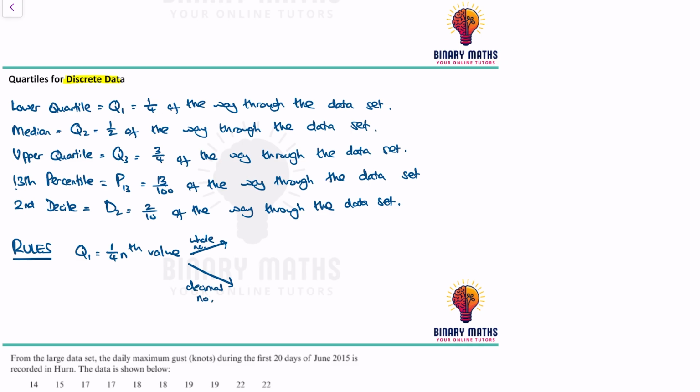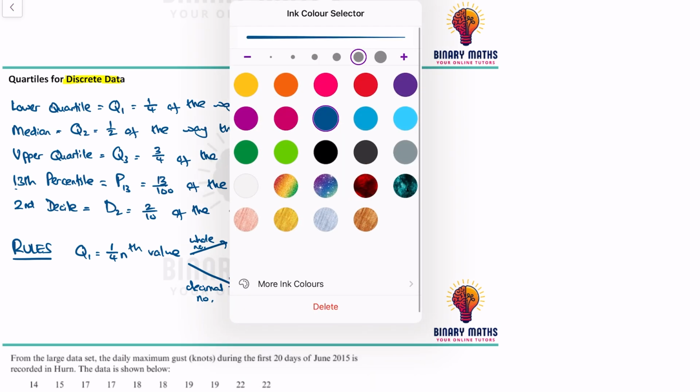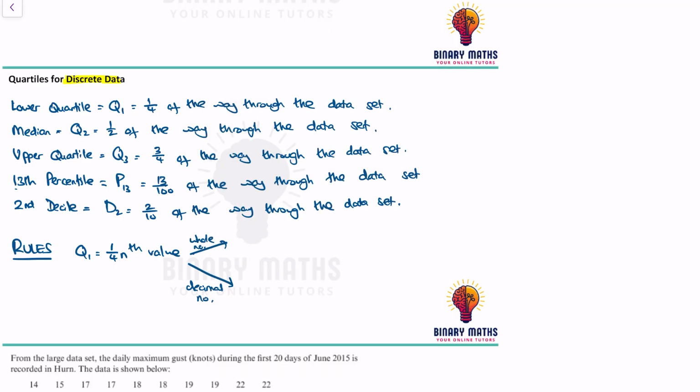Now, if it's a whole number, the lower quartile is halfway between the quarter nth value and quarter n plus 1th value.